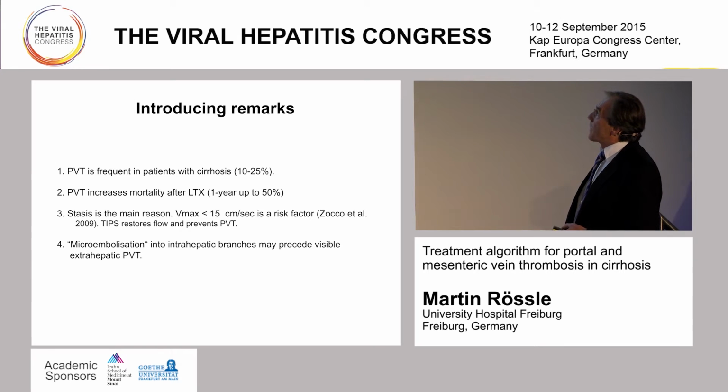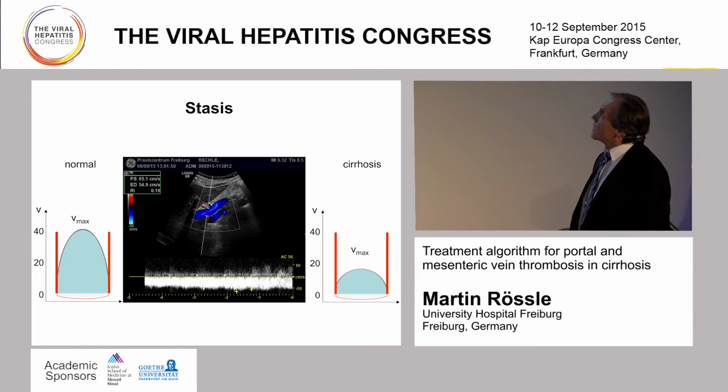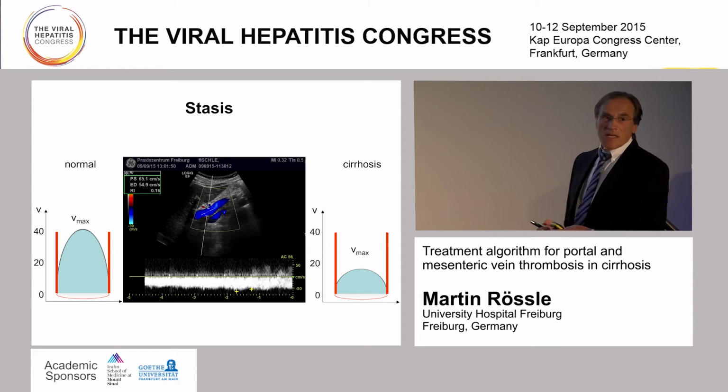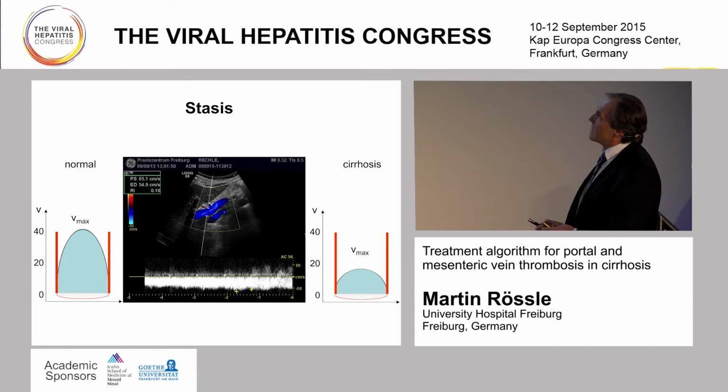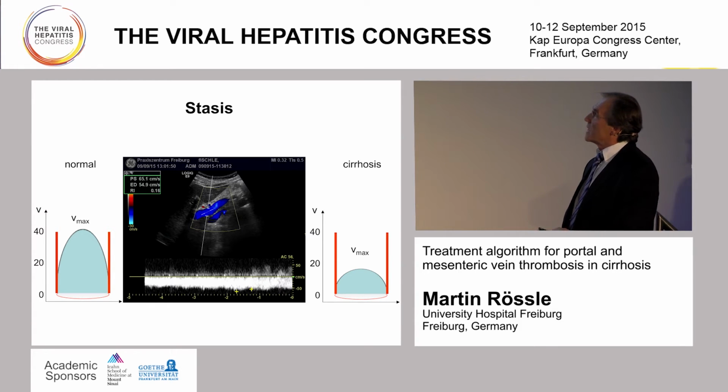Now, let me explain why stasis is so important in the genesis of portal vein thrombosis. This is a profile of the flow velocities in a normal portal vein. You can see in the center of the portal vein, you will find a maximum flow velocity of about 40 centimeters per second in a normal candidate.